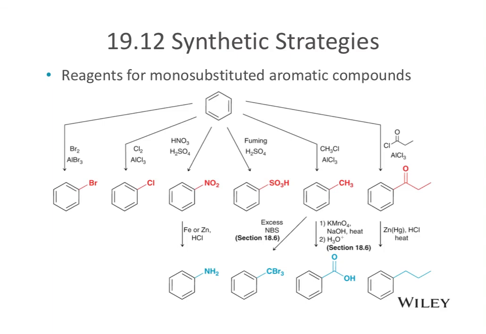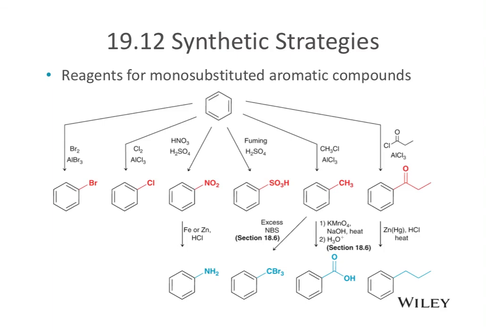Then, from these particular products, we've seen a couple of examples of additional reactions we can do. We have the nitro group. These oxygens make the nitrogen have what we call a high oxidation state. We can reduce that oxidation state by exposing it to a combination of iron or zinc under acidic conditions to turn it into an amino group, right?